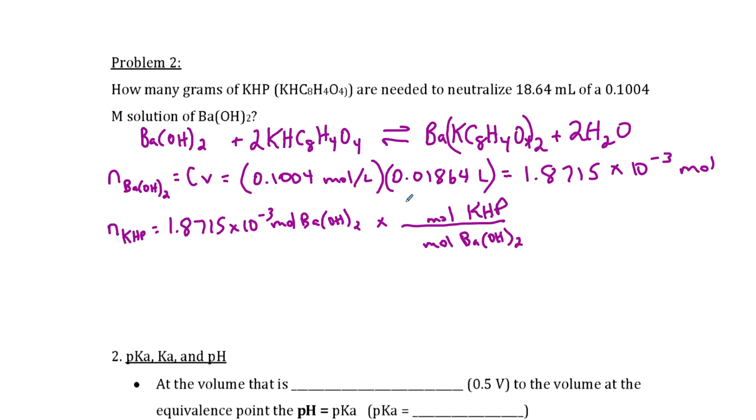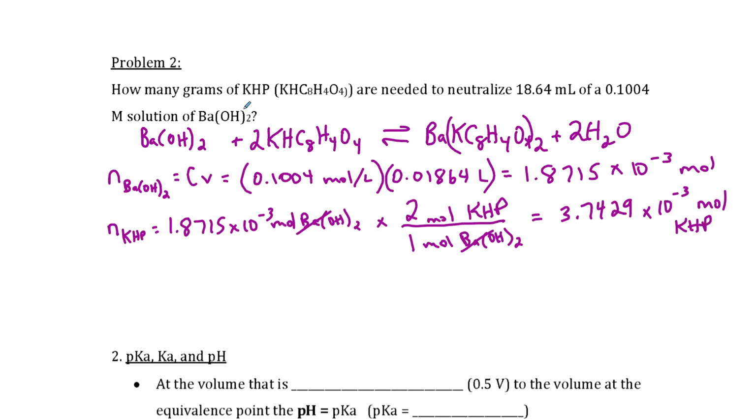I've got 2 moles of KHP and just 1 mole of Ba(OH)2. So I'm multiplying by 2 to get 3.7429 times 10 to the -3 moles of KHP.